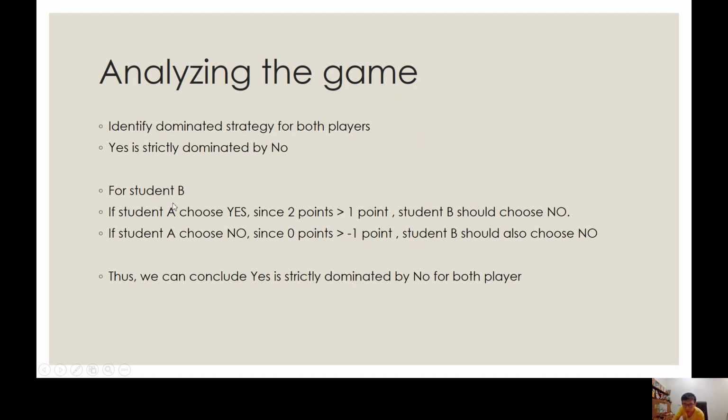For student B, if student A chooses yes, since 2 points is better than 1 point, student B should choose no. If student A chooses no, since 0 points is better than negative 1 point, student B should also choose no. Thus, we can conclude that yes is strictly dominated by no for both players.